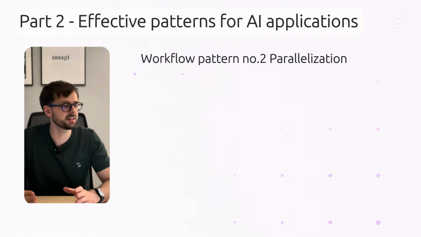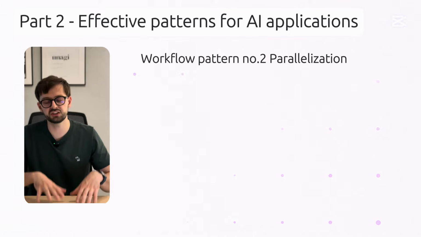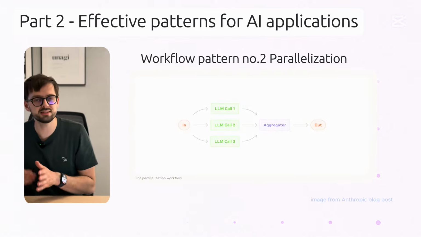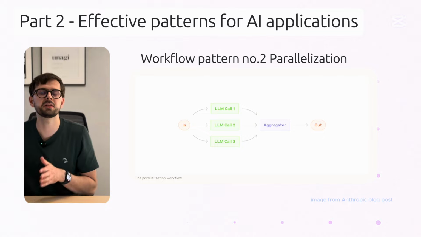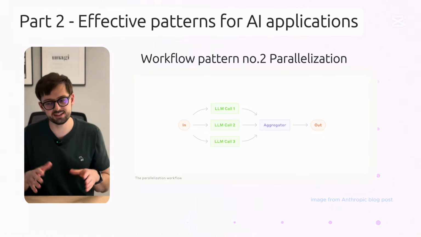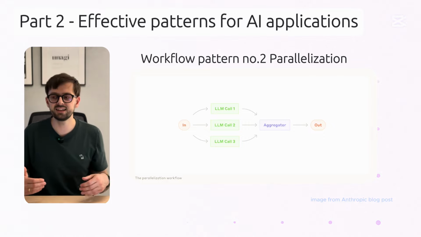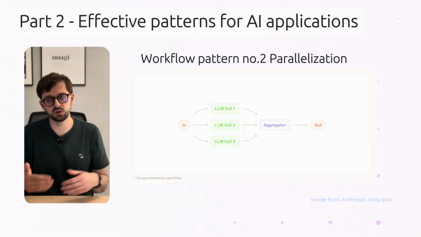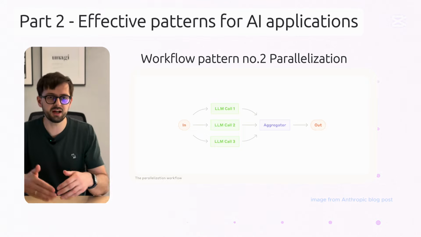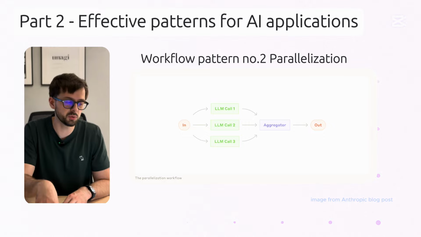Okay, so the next pattern is the natural evolution of the previous one. And it answers the trade-off of prompt chaining. It basically makes execution time much faster. The core idea here is that you can split the path into a few lines and execute a few nodes at the same time and combine the results, for example, in the final node.